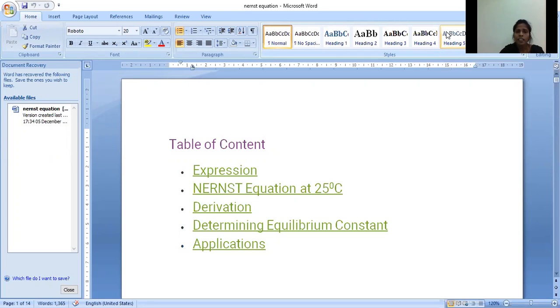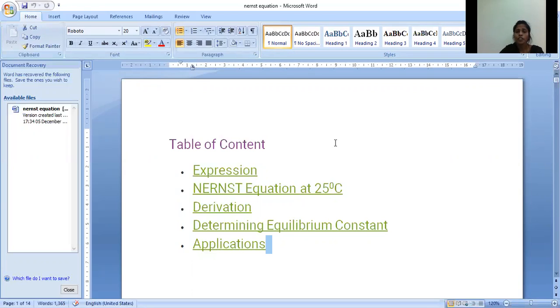But in galvanic cell or Daniel cell or voltaic cell, chemical energy converts to electrical energy. Yes, that means due to the chemical reactions, that is redox reactions, electricity is produced in galvanic cell or Daniel cell. So now let us start today's session.